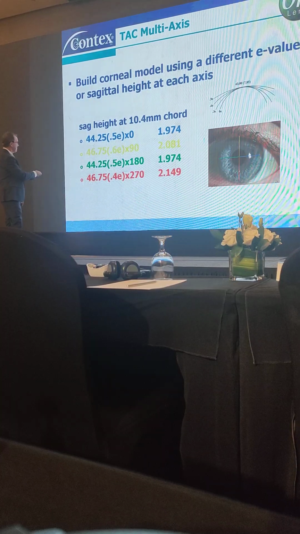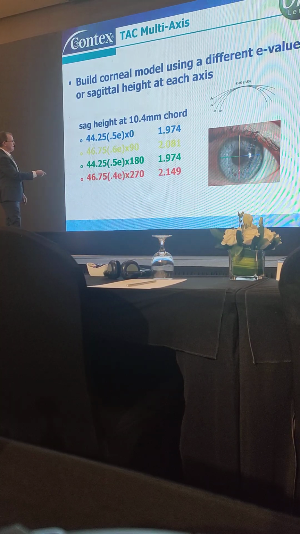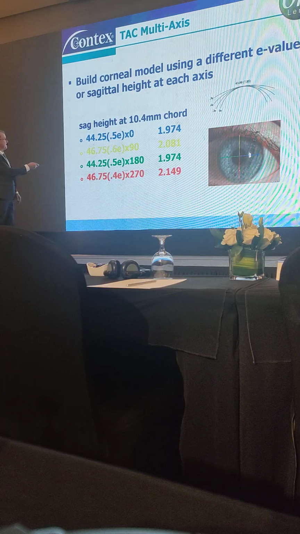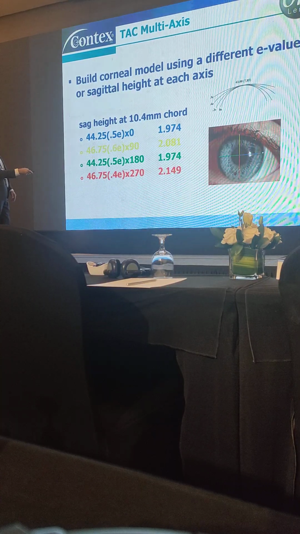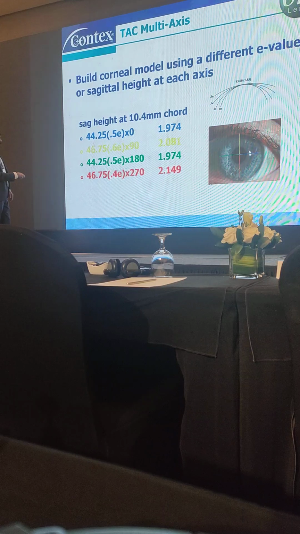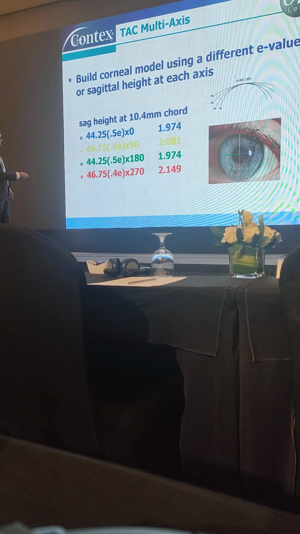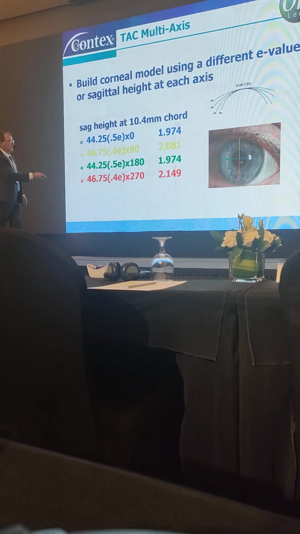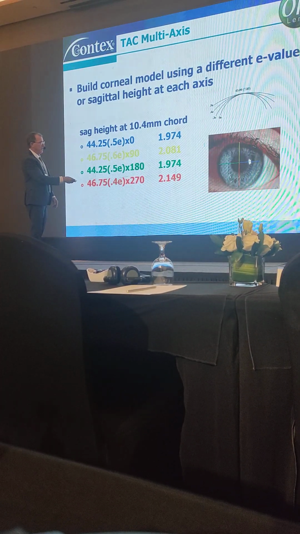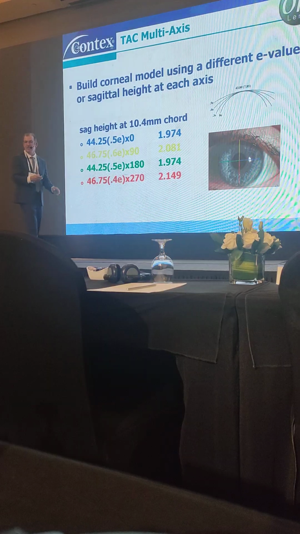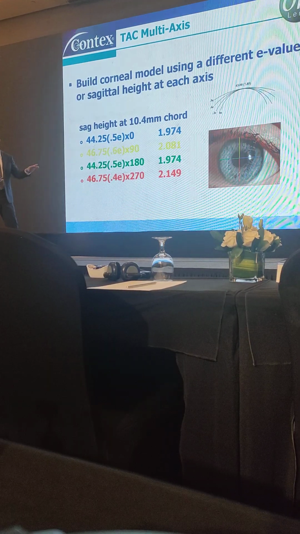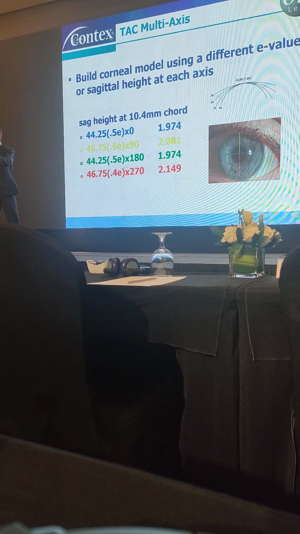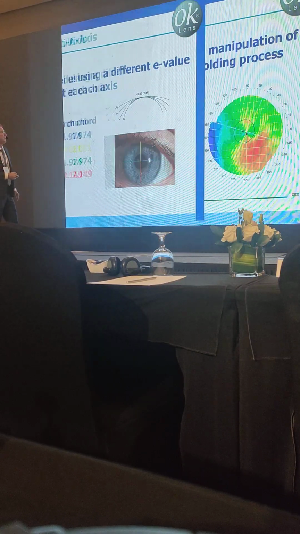Here we have a 44 1/4, 0.5E, axis 180, 1.974. You can see those two are the same here, right? And then down below, we have a steeper sag, 2.149. So that would be for an inferior steep cornea, if we were going to make that, okay? And that's really just a diagram to grasp the concept of what we're doing.